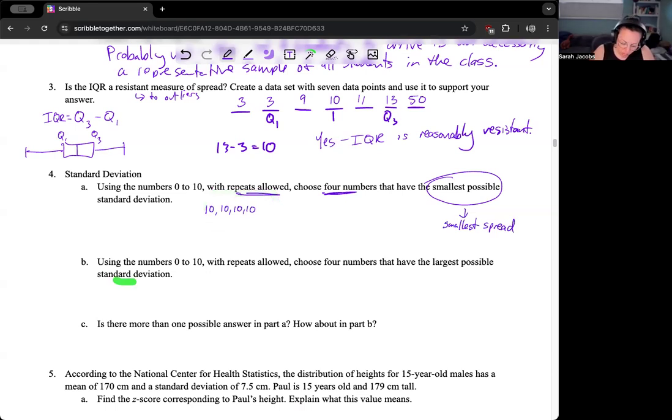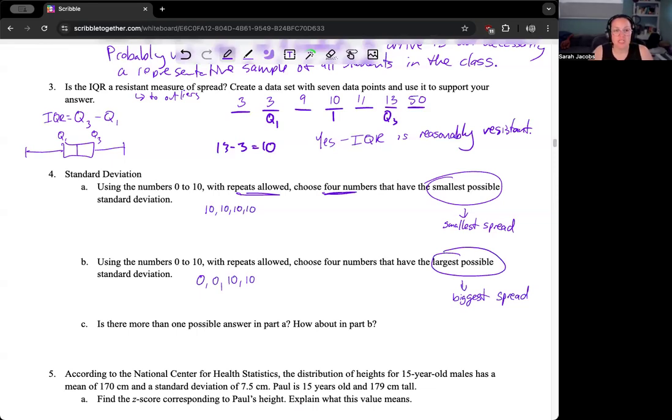So now, using the numbers 0 to 10 with repeats allowed, choose 4 numbers that have the largest possible standard deviation. So we want the biggest spread. Here, there really is only one possible answer. 2 of them need to be 0, the lowest possible, and 2 of them need to be 10, the highest possible.